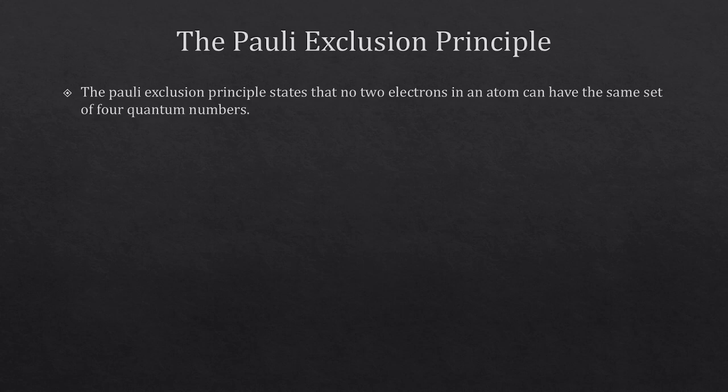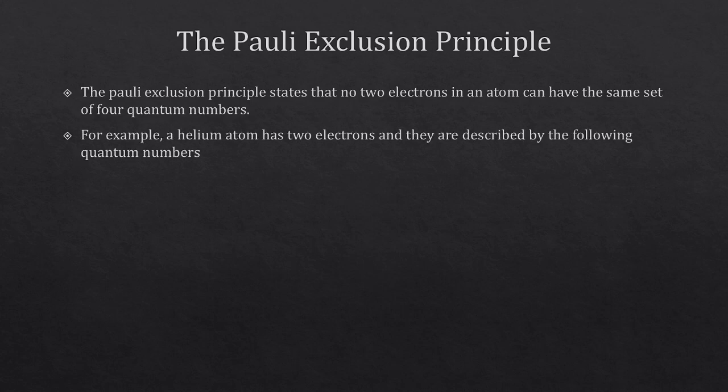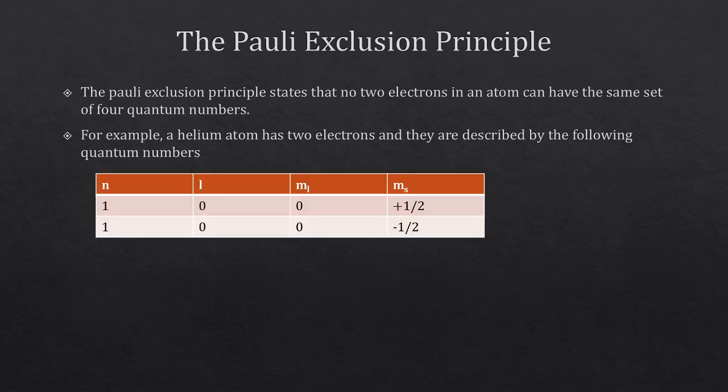The Pauli exclusion principle states that no two electrons in an atom can have the same set of four quantum numbers. For example, in a helium atom that has two electrons, we describe them by the following quantum numbers. In helium, one of the electrons has n equal to 1, L equal to 0, m sub L equal to 0, and m sub s of +1/2.